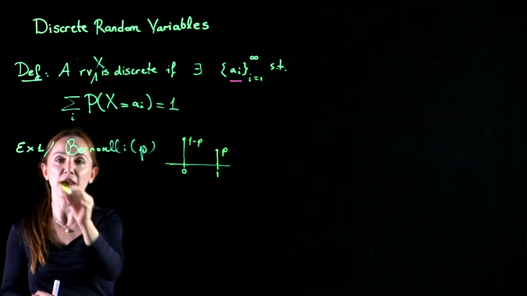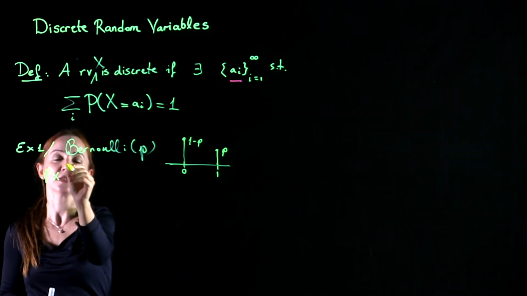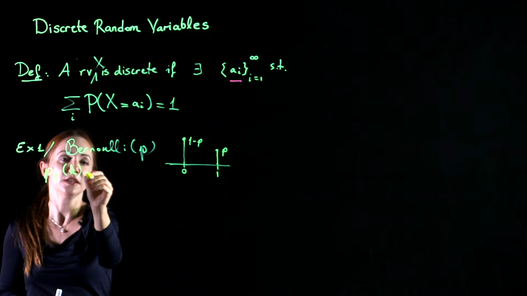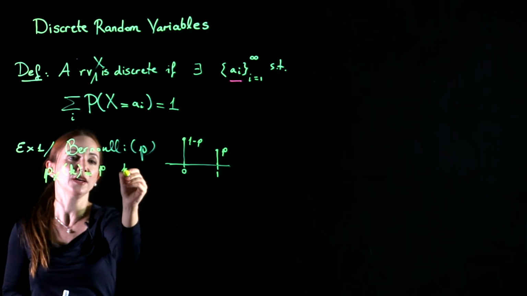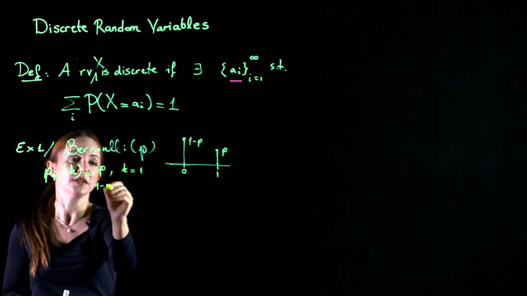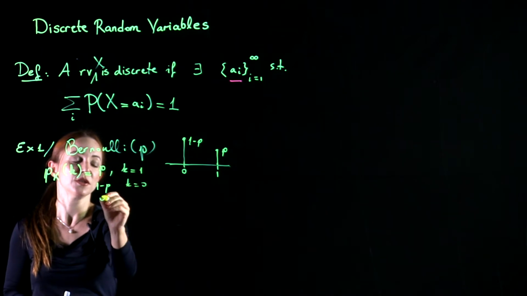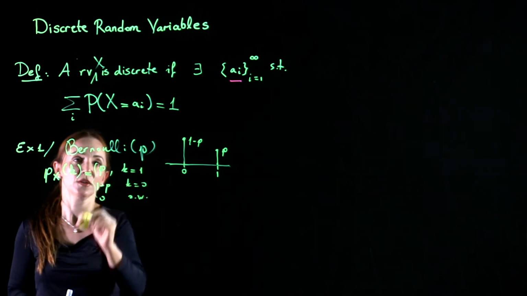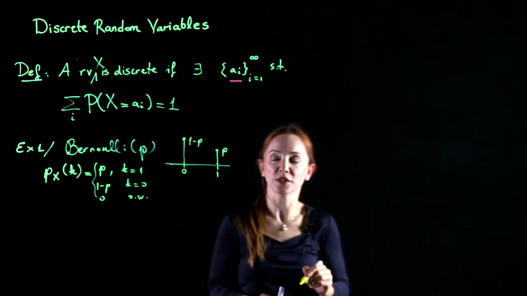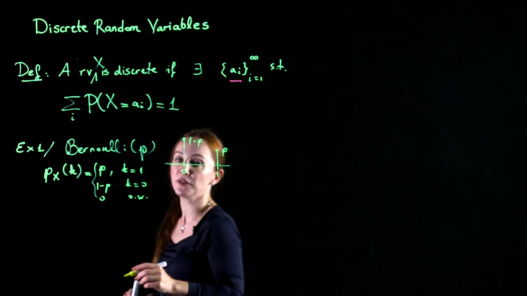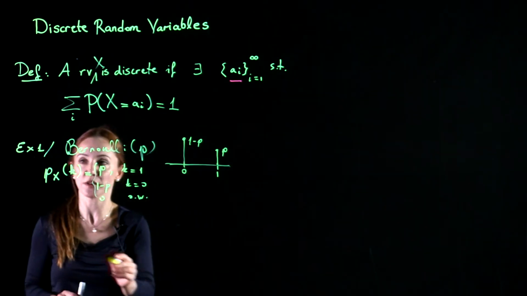So the PMF p_X(k) is equal to p if k equals 1, 1 minus p if k equals 0, and 0 otherwise. We use this binary distribution very, very often in our probability models.